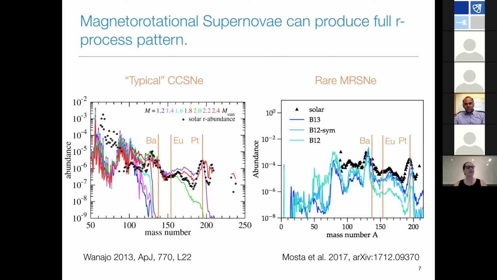So these simulations present magnetorotational supernovae as a viable source. Other people have mentioned collapsars, which would all have a similar delay time distribution: a very short delay between the star being born and the star ejecting this enriched material.